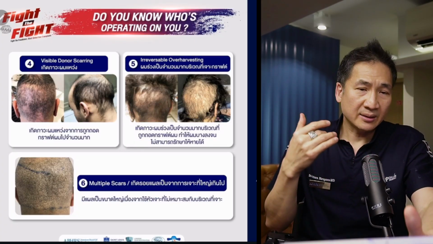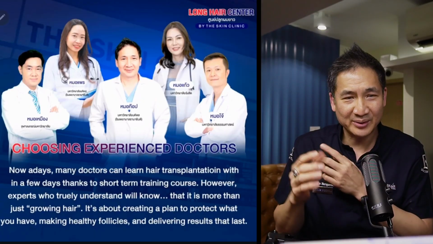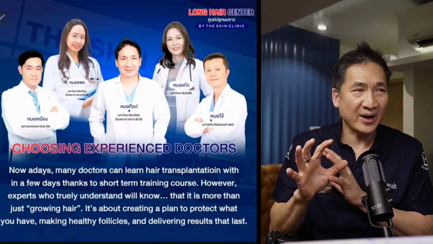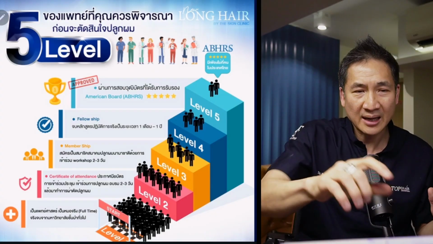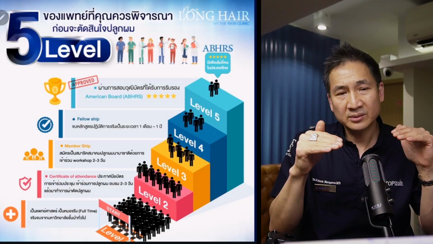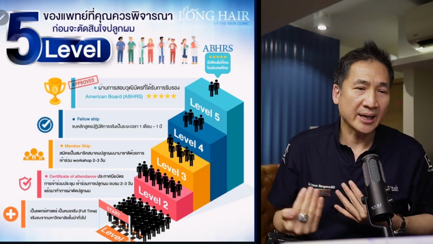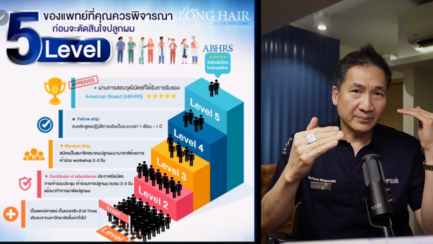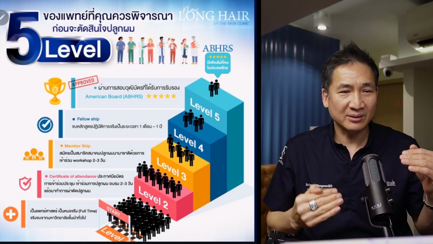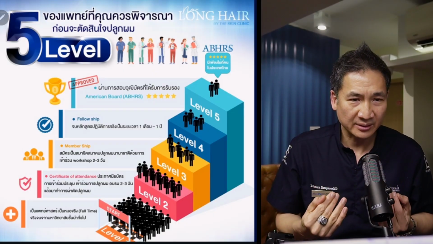Why did you select us? First of all, Dr. Zac told me, Dr. Top, we are physicians, we know we have to select a qualified physician. How do you select a qualified physician? After 6 years of medical school, when we get the medical license, every doctor can do hair transplant. In some countries they take a 1 day course, 2 day course, or 1 day workshop, and then start to work as a hair transplant surgeon.